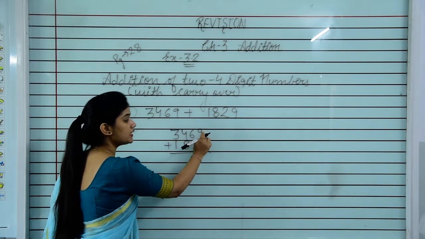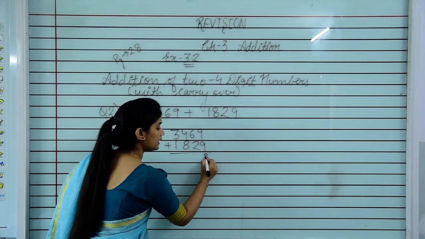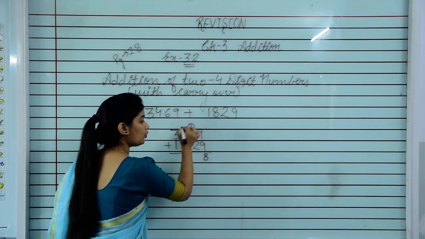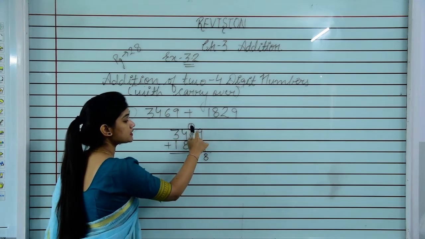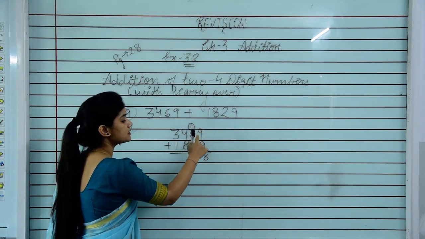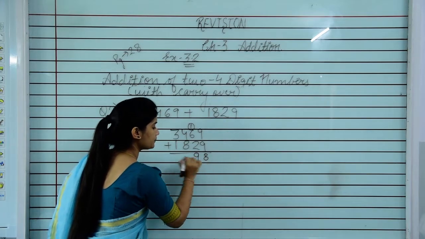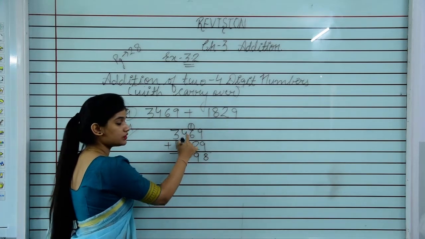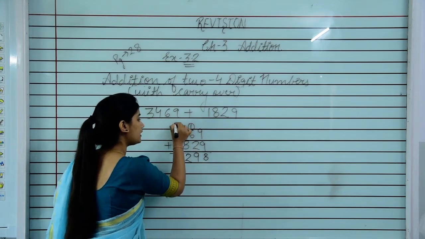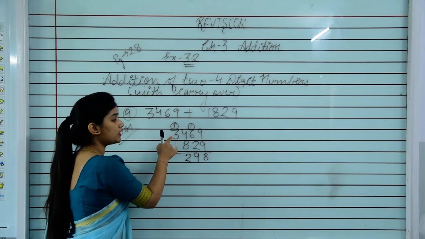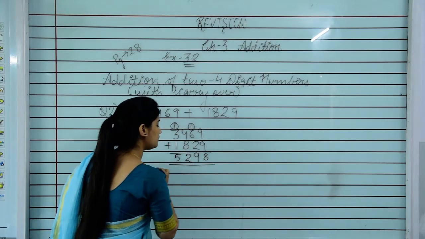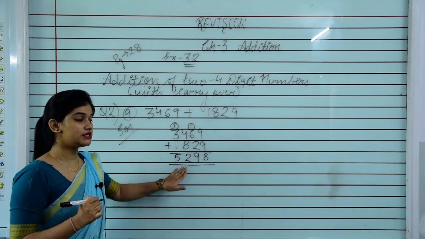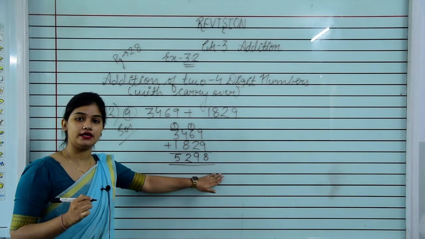Ones side, 9 plus 9, 18, we carry over 1 at the tens place. Understood? Then 6 plus 1, 7, 7 plus 2, 9, 8 plus 4, 12, again carry over 1, and 3 plus 1, 4, plus 1, 5, and the sum is 5298.